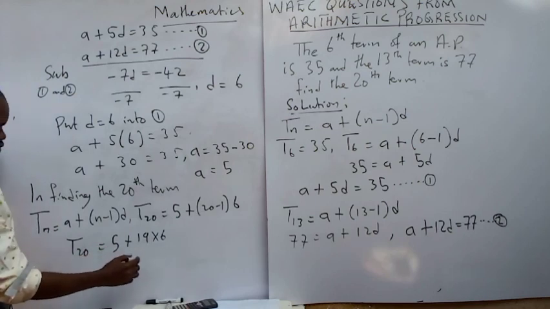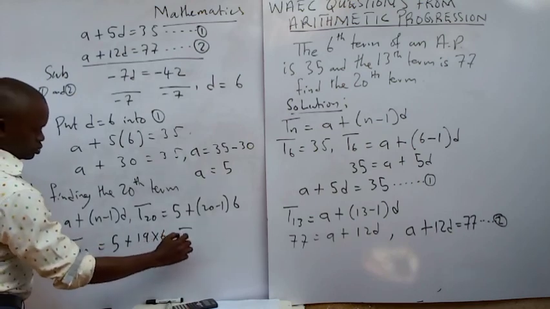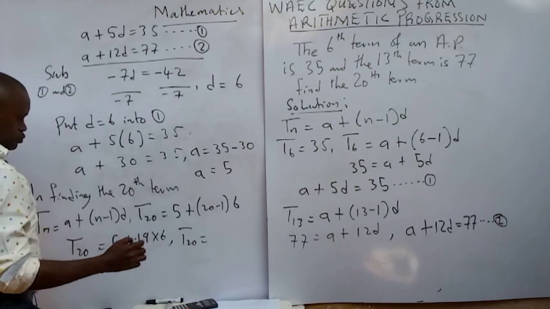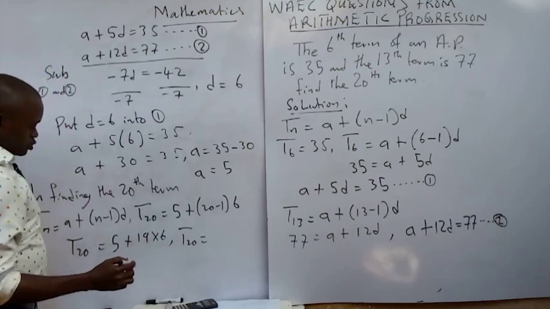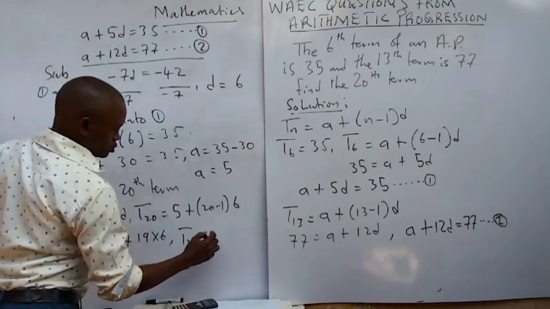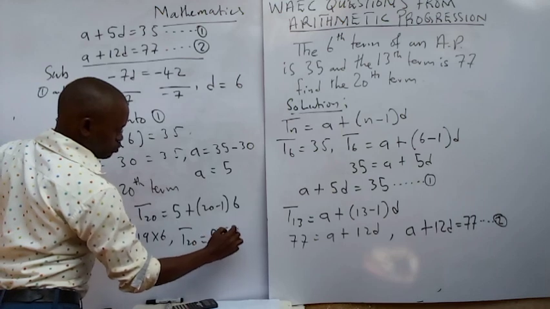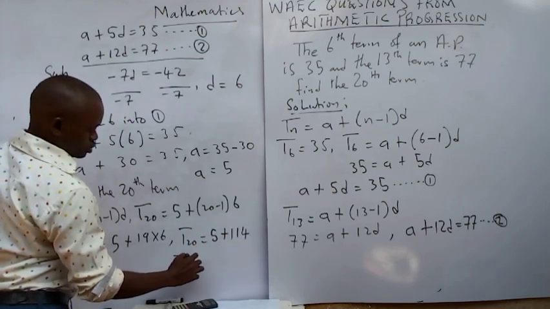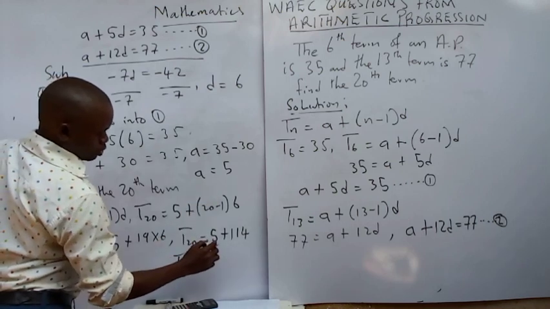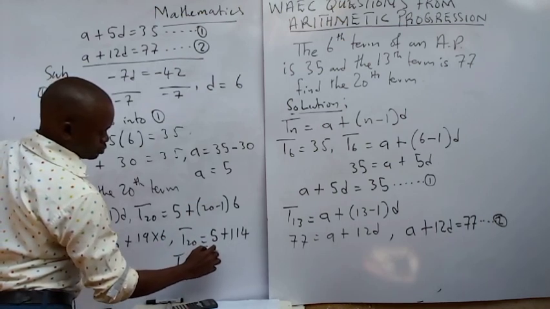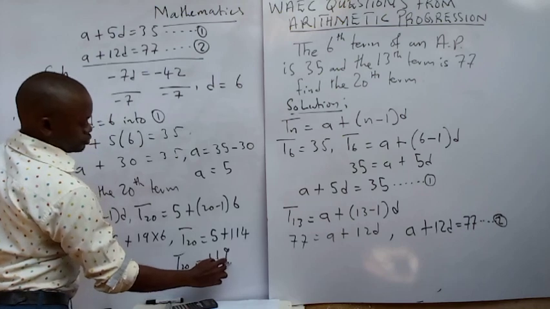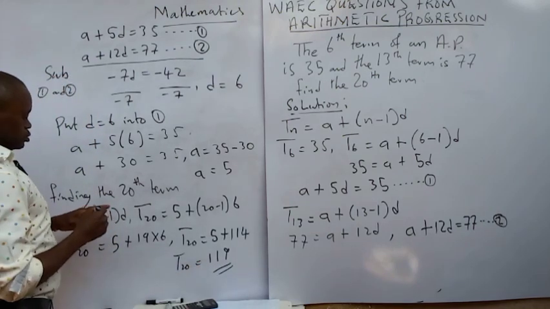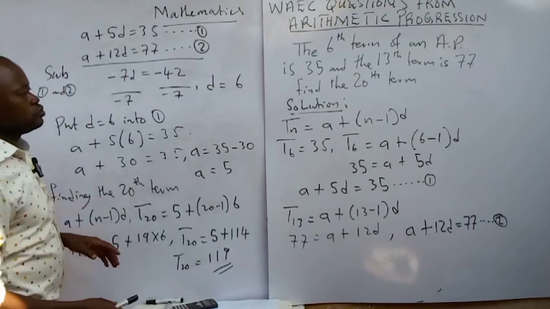So I have T20 equal to 5 plus 114. So T20 is equal to 119. So the 20th term will be 119.